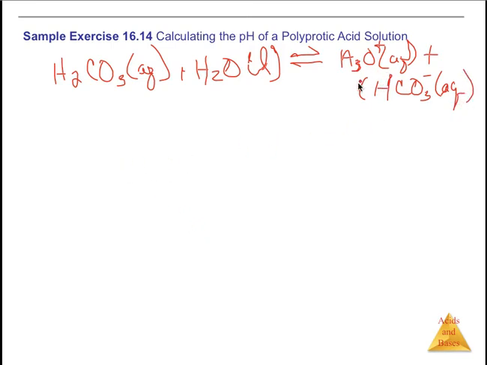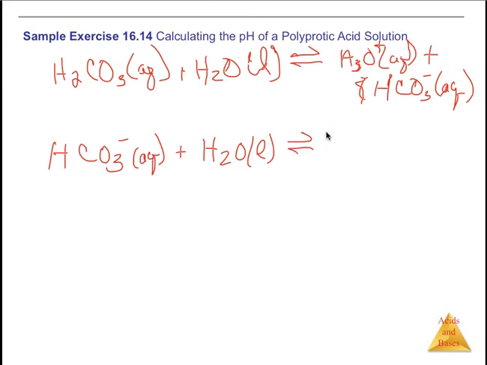That hydrogen carbonate ion then is also going to set up an equilibrium with water where we get additional hydronium ions and the carbonate ion.